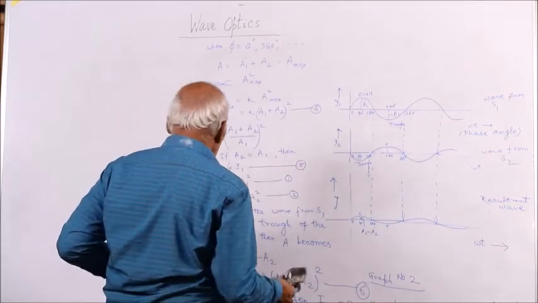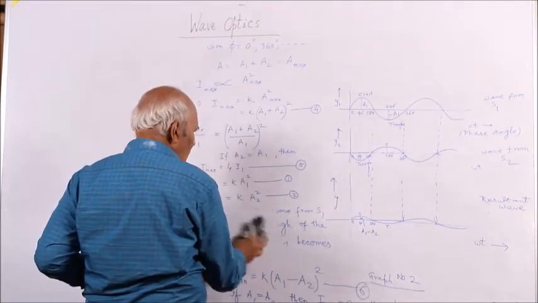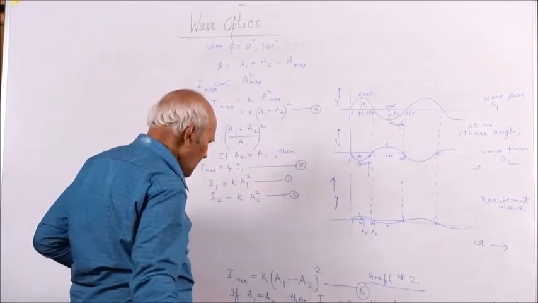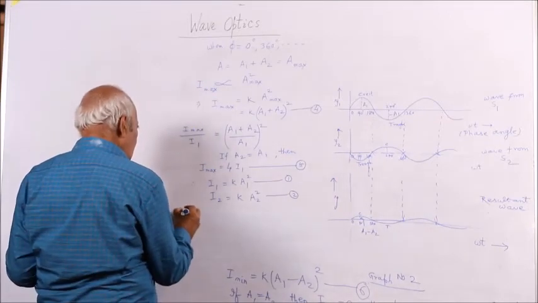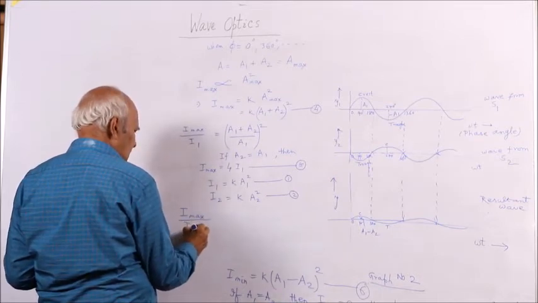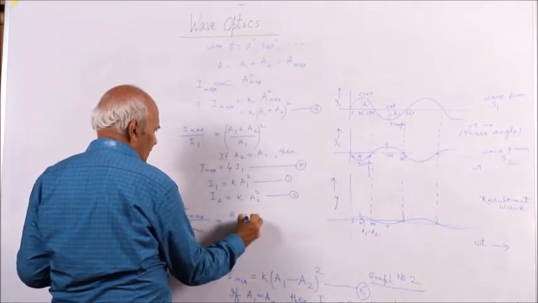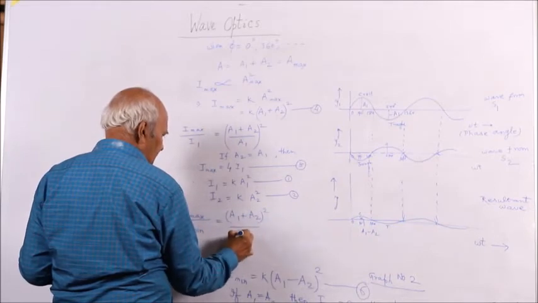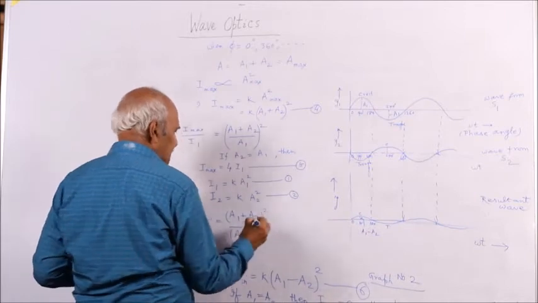So, therefore, we can develop a formula which is useful, that is I max by I minimum. That means, what is the ratio of the maximum and minimum intensities. So, I max by I minimum is equal to A1 plus A2 whole square by A1 minus A2 whole square.